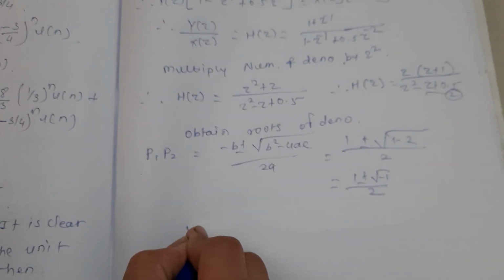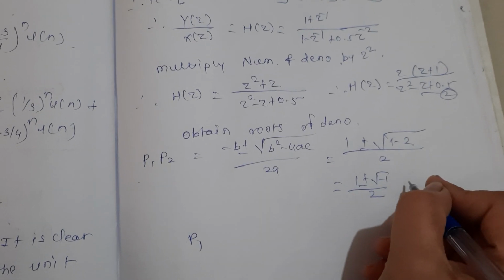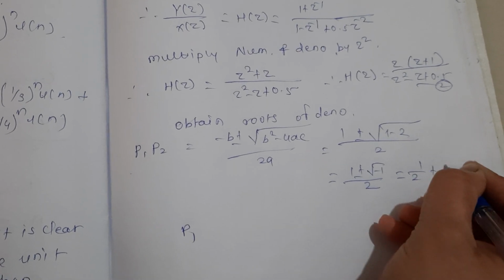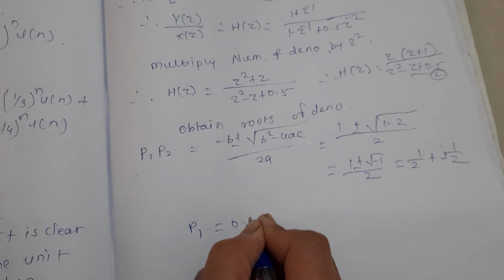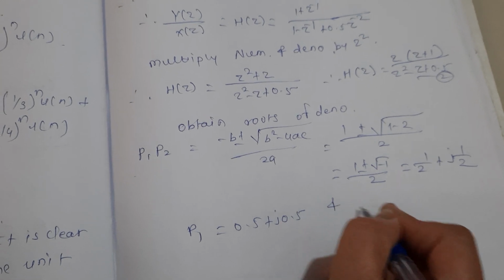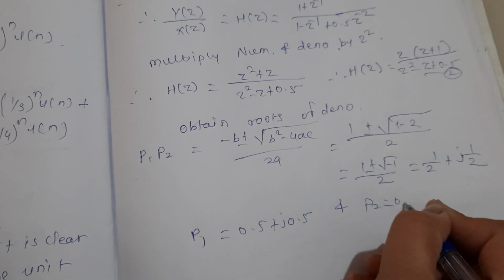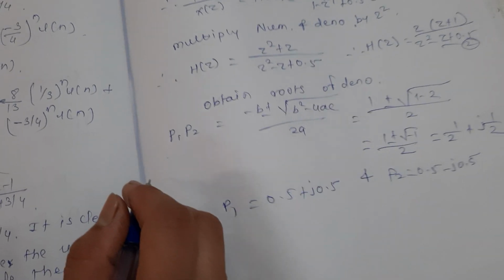So roots are p1, it is 1 by 2 plus j 1 by 2. So p1 is 0.5 plus j 0.5, and p2 is equal to 0.5 minus j 0.5.